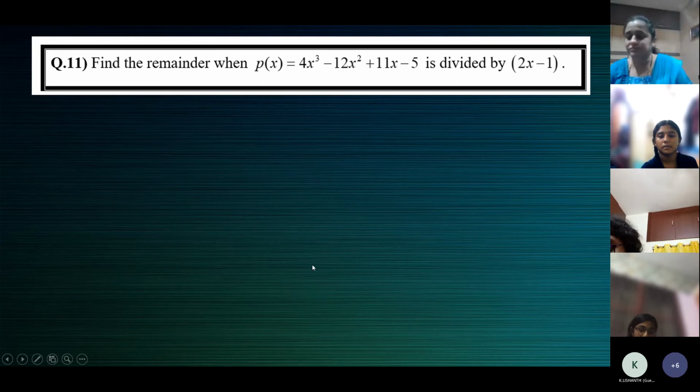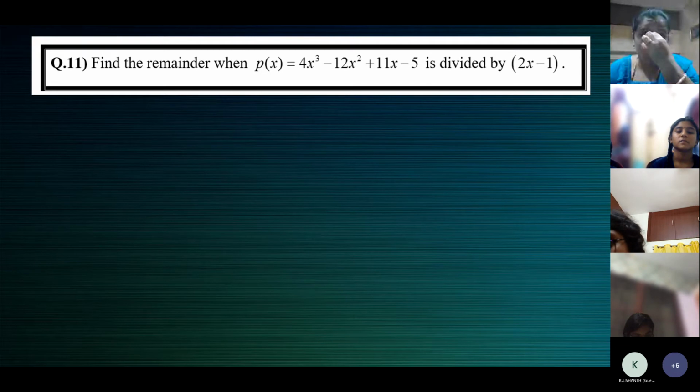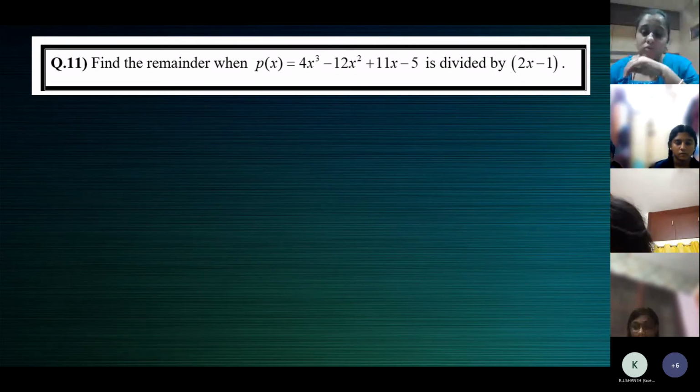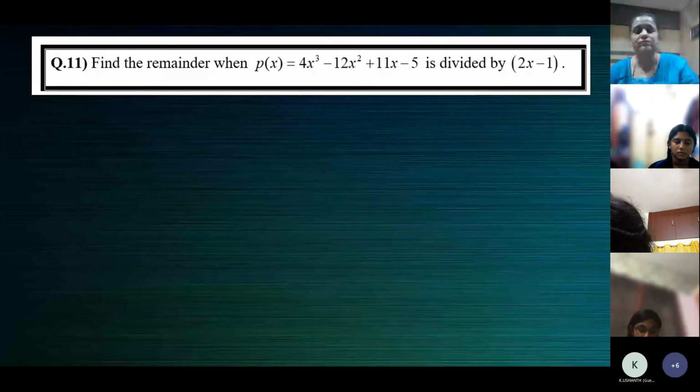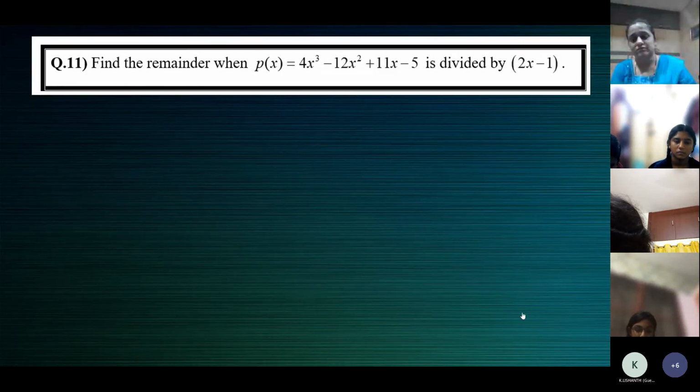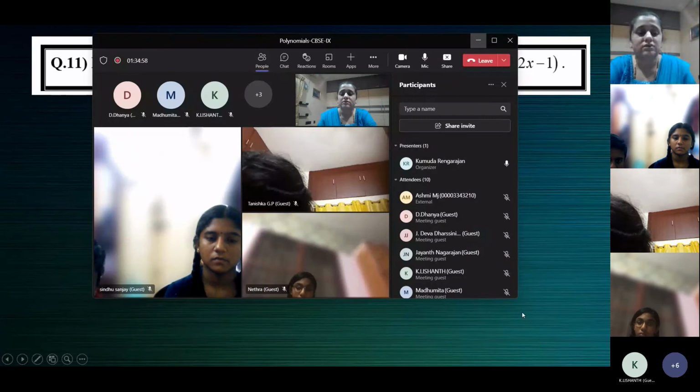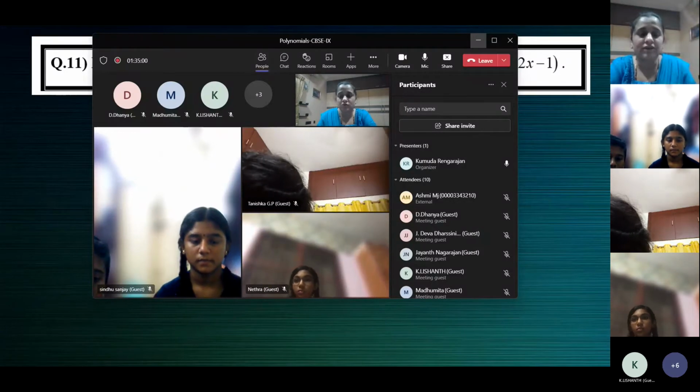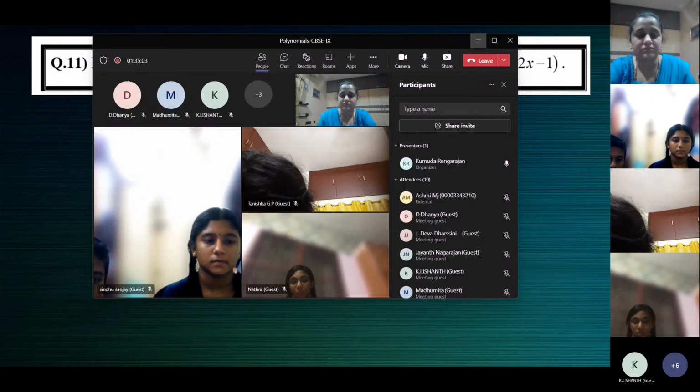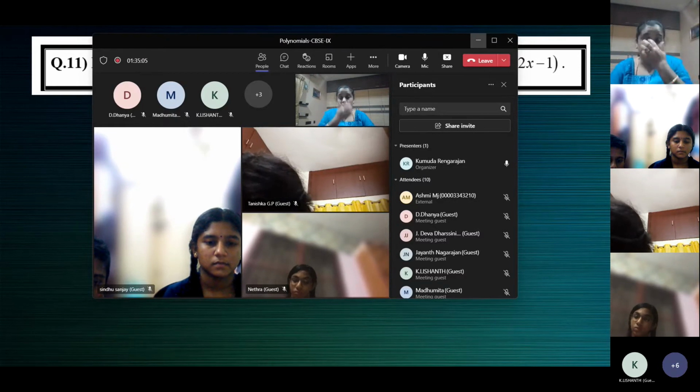Yes, children. So I was telling you that if you're asked to find both the quotient and the remainder, then you have to perform the long division.